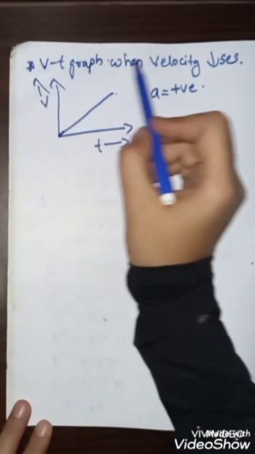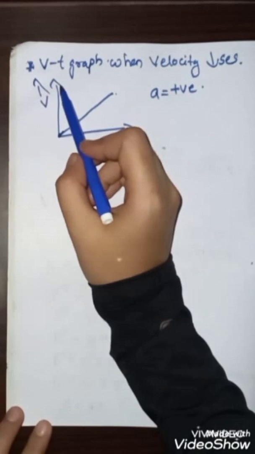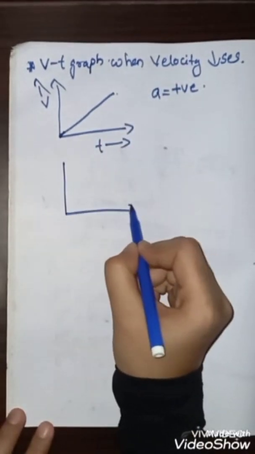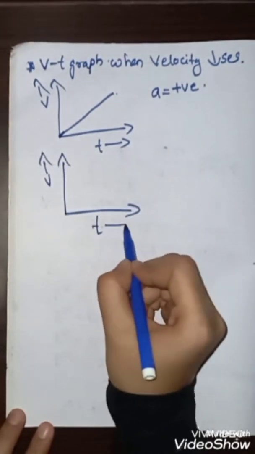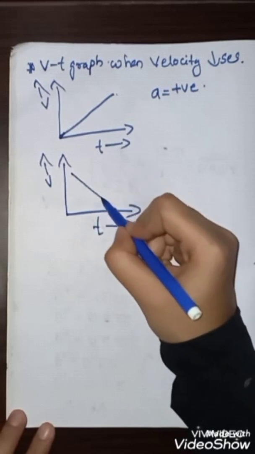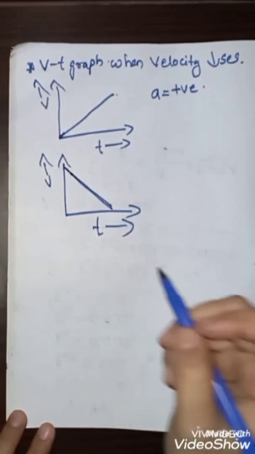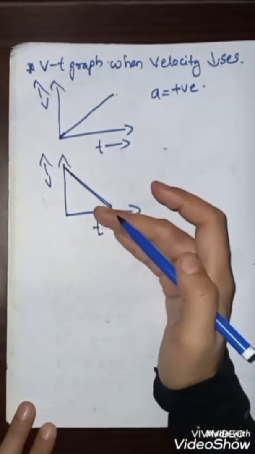What will happen when the velocity decreases? How will the velocity time graph be when the velocity decreases? That is, when the velocity decreases, the velocity time graph will be like this. Here the slope decreases.